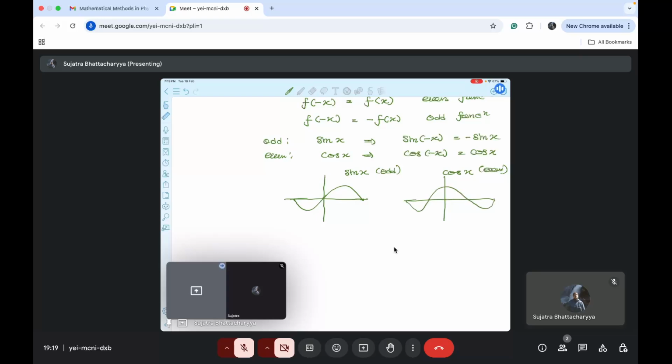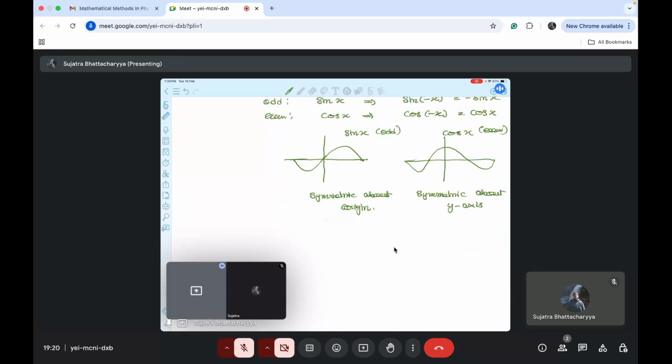So you can see that it is symmetric about the y-axis, but the sine is symmetric about the origin. This is the difference between the odd and even.